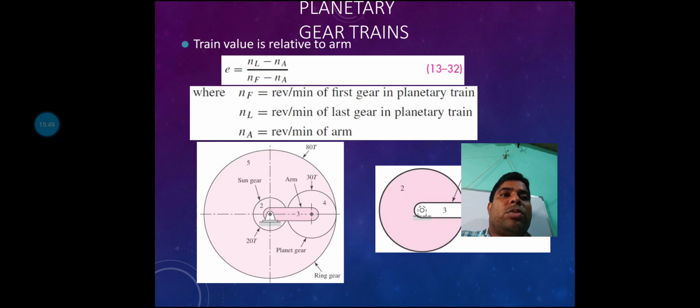The other point to note here: first one is the simple gear train, second one was the compound gear train, third one was the reverted gear train, and the last remaining one is the planetary gear train or epicyclic gear train. I can discuss the epicyclic gear train in the next class because the time is not available here. So next class we can discuss obviously the planetary gear train. So thank you for today's class.